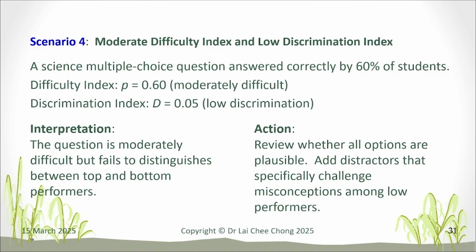But seriously speaking, in other words, you have to look at the difficulty index. That's quite important. I agree. You want the item to be good enough to be moderately challenging, not difficult, but moderately challenging. At the same time, you can also discriminate the top and the bottom performers. Now, that's an ideal test item.